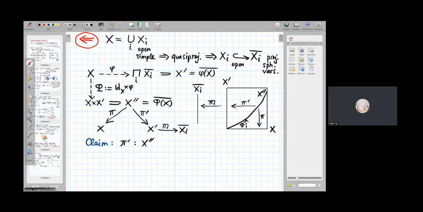And I claim that this projection map pi prime from here to here is an open embedding. In other words, pi prime identifies this variety X double prime with some open subvariety in X prime under this projection map. Let's prove the claim.